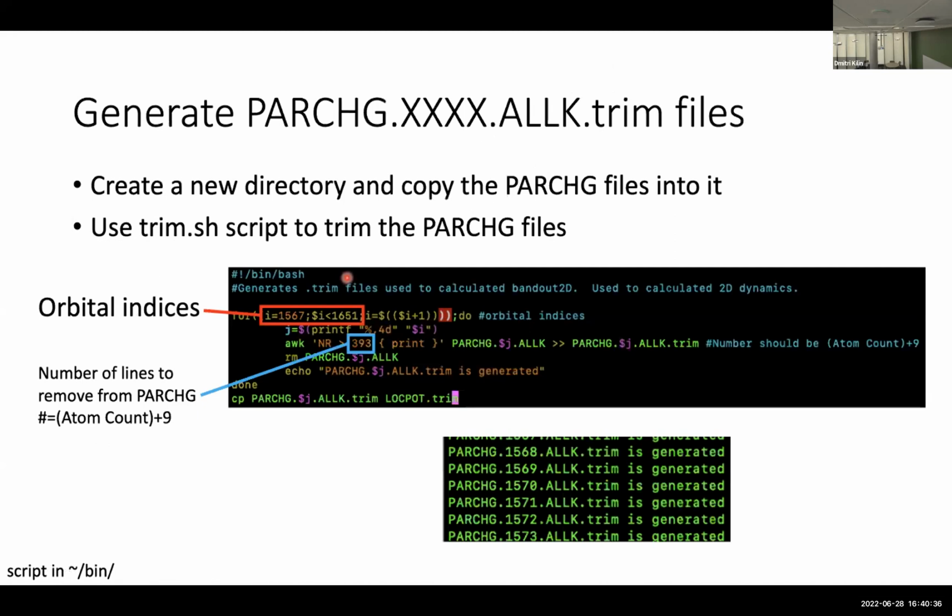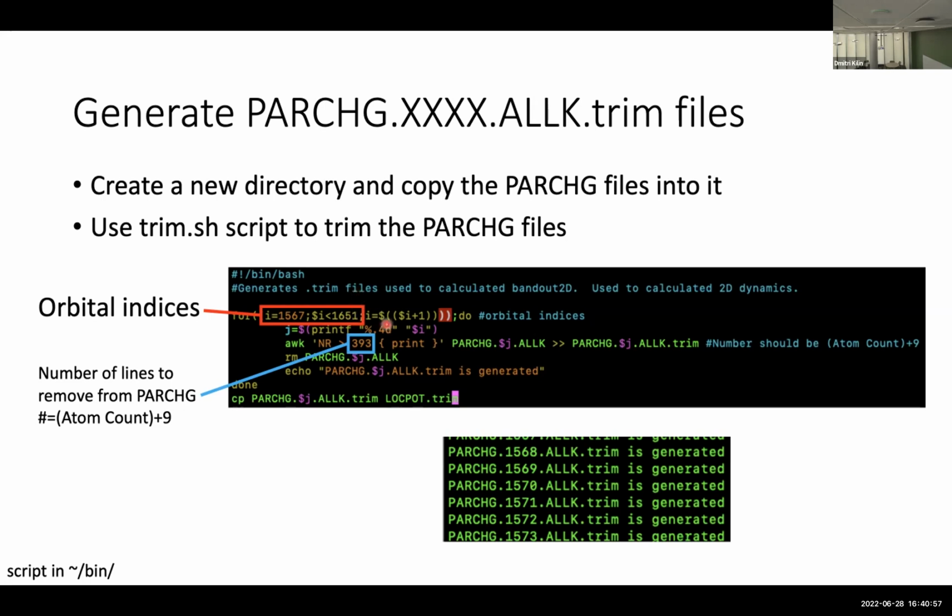So if we look at how we actually generate these, here we're generating the .trim files. If we look at the .trim script, you would want to copy the part charge files into a separate directory because the script deletes them at the end.